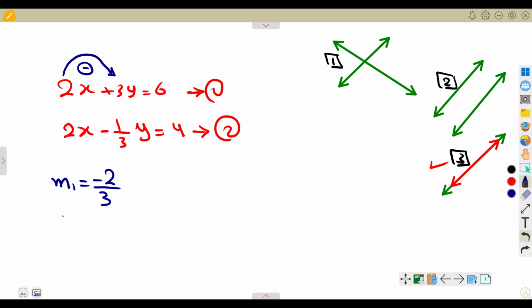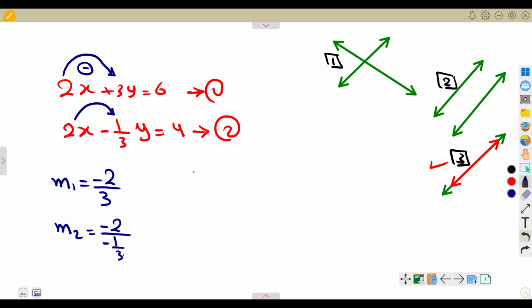The second one, M2, is minus, so 1 over 3, minus 1 over 3. How can we get the slope? Negative a over b. So negative a over b means negative 2 over negative 1 over 3.